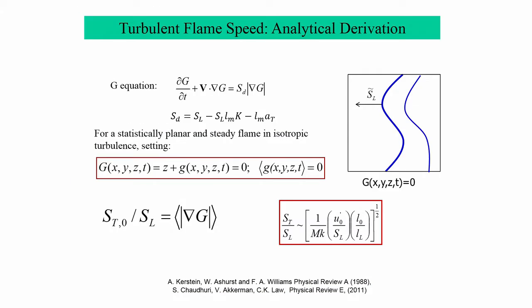So, that is why it is important to know the turbulent flame speed, and next we will take up the methods to analyze turbulent flame speed. Now, one can do some analytical derivation, which we did, and we took up the G equation and took the spectral approach, and we will not go into details. And this expression of turbulent flame speed in terms of the G field comes from Kerstein, Ashurst, Williams, where he takes an infinitely long cuboid, which is filled up with different G surfaces.